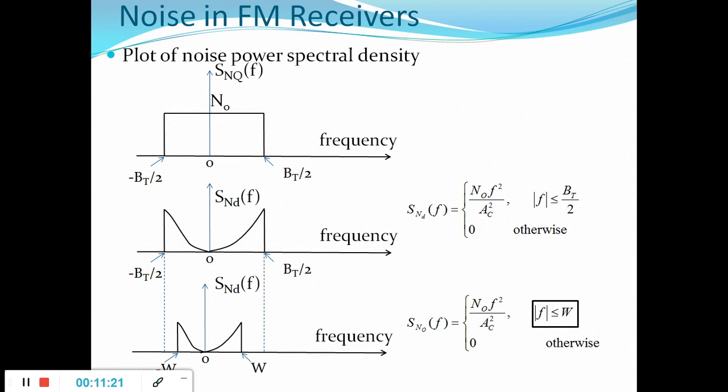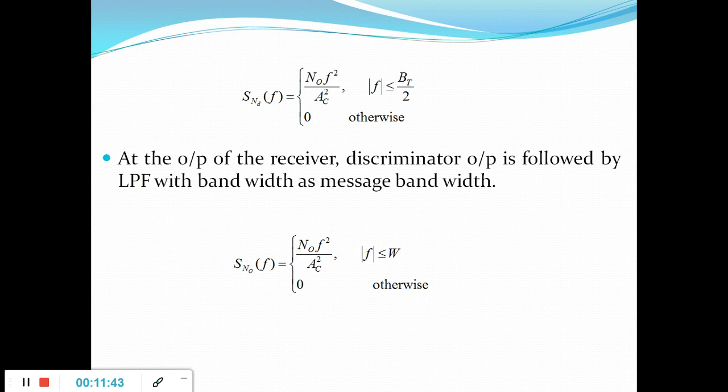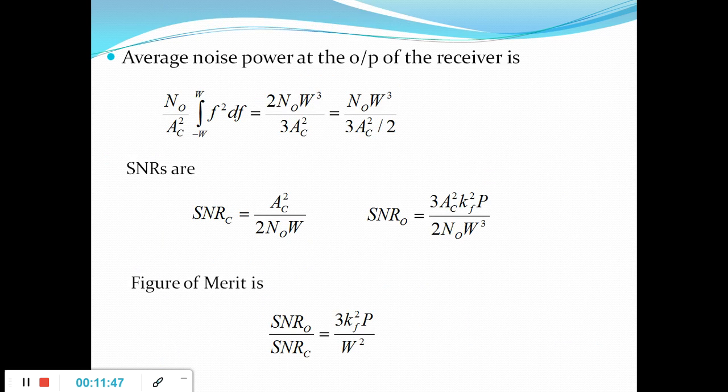This nd of t is then given to a low pass filter having a cutoff frequency of W hertz, with which we get the spectrum as given here. If we find the area under the curve, we get N naught by AC square integral from minus W to plus W of f square df, equal to this term.